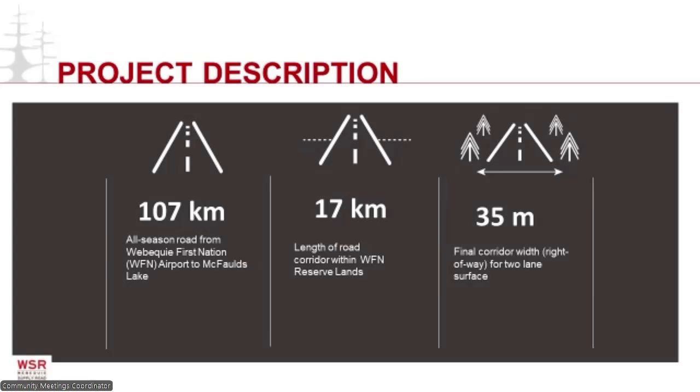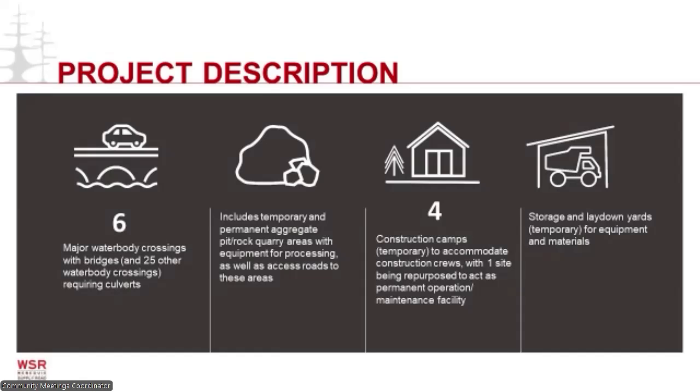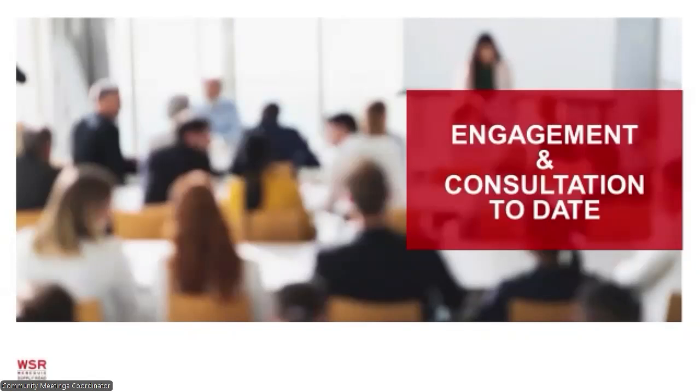The road will make 6 major water crossings and will include temporary pits and quarries, equipment storage areas, and 4 construction camps. Now let's talk about the communication we have had with Indigenous communities.